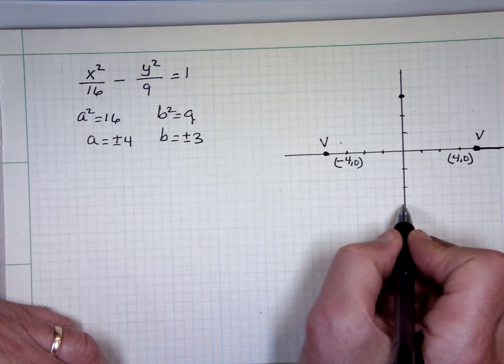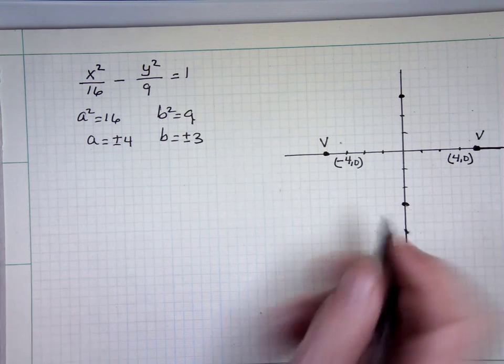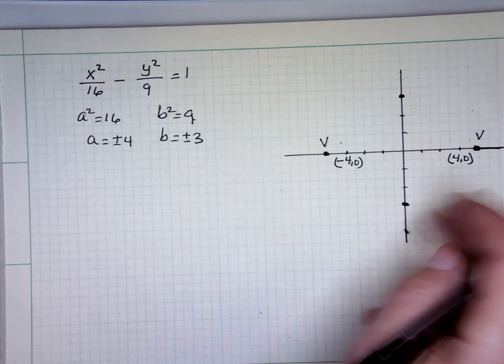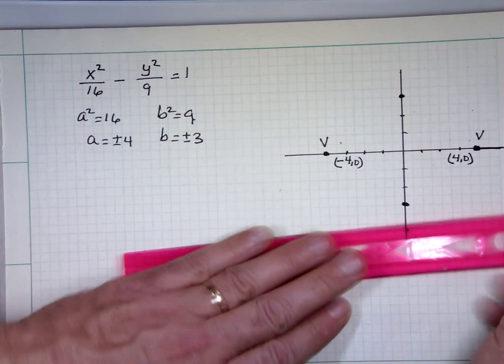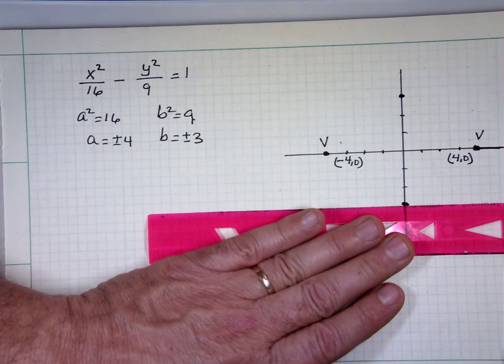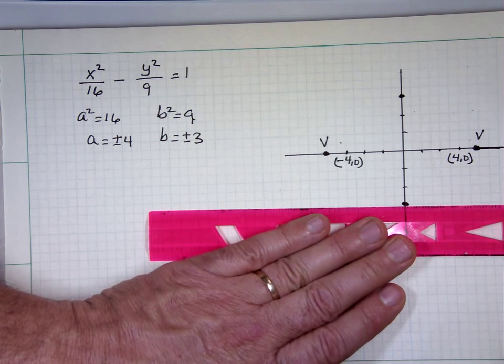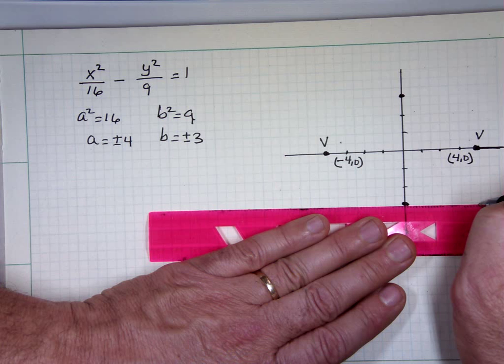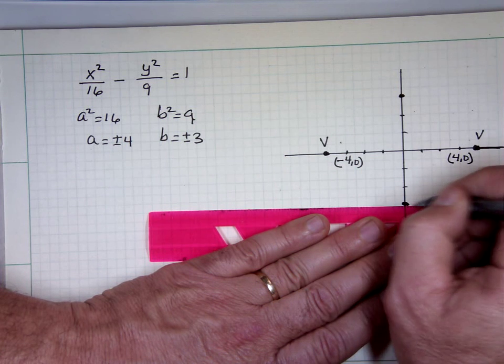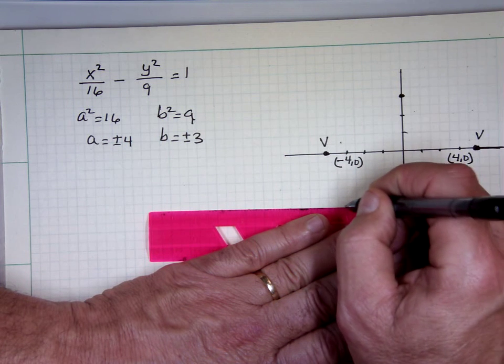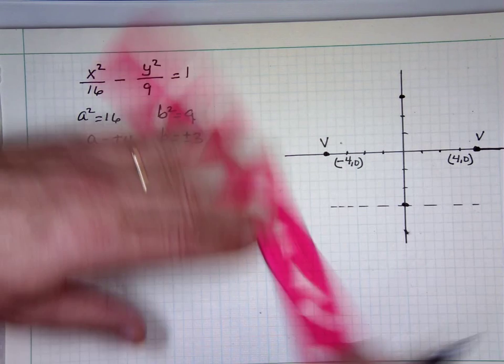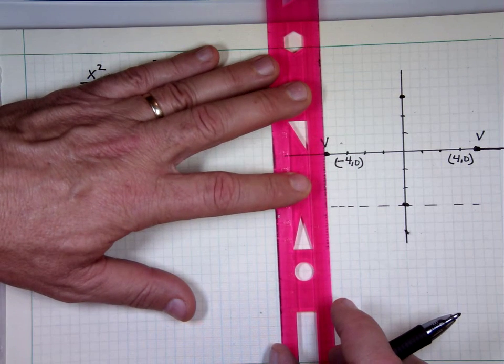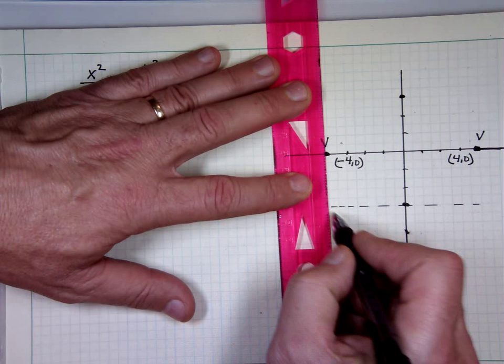1, 2, 3. And what you want to do now is build a box going through these 4 spots, a rectangular shape. You'll see the significance of that box there. Going through all these 4 points.